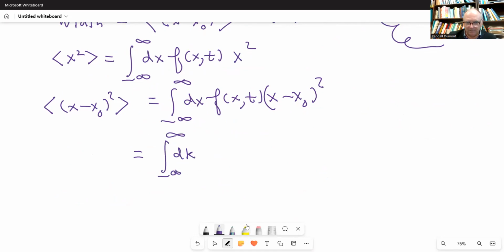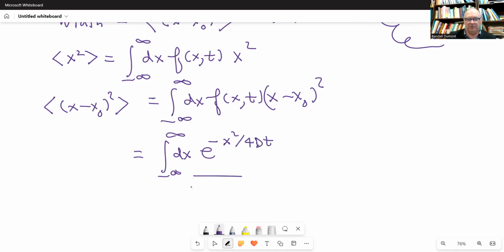Oh, it's next integral. E to the minus x squared over 4 dt.